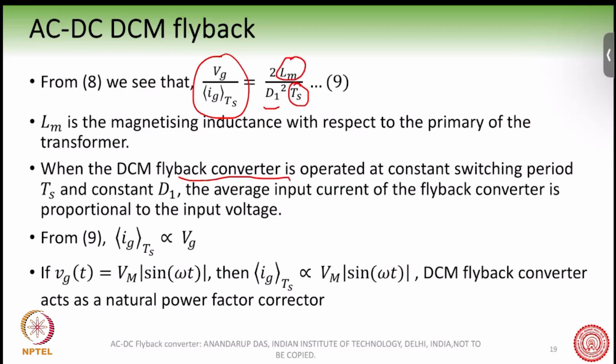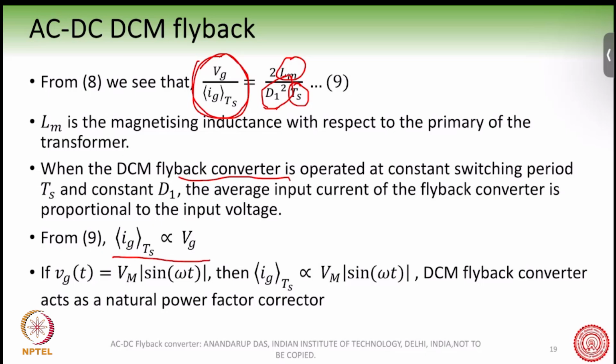Lm is constant, we do not want to go into saturation. And suppose through closed loop control we can ensure that D1 is also constant, then this ratio Vg by IG Ts becomes directly proportional and constant.